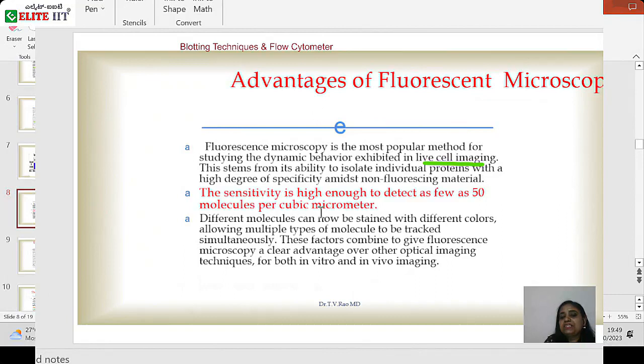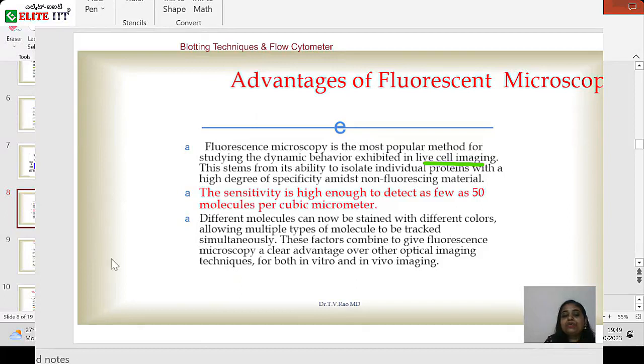Now the sensitivity is high enough to detect as few as 50 molecules per cubic meter. Even if very low concentration is there, you can measure it. Even if very small size is there, you can also measure. Now different molecules can be stained with different colors, allowing multiple types of molecules to be tracked.